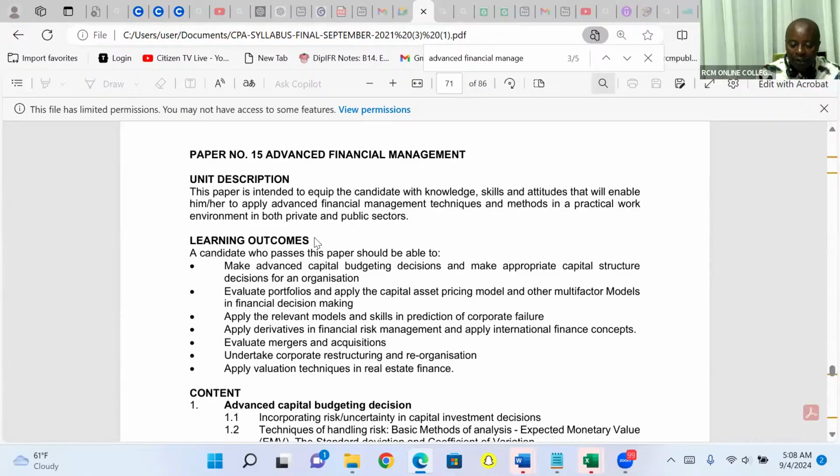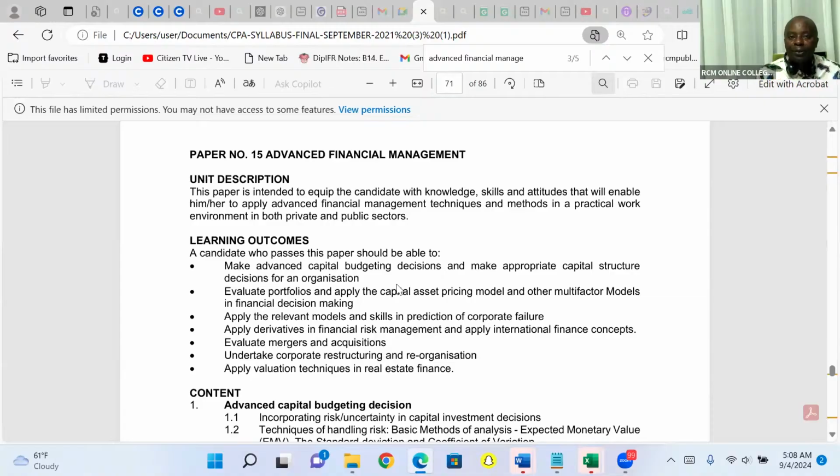Learning outcomes. A candidate who passes this paper should be able to, number 1, make advanced capital budgeting decisions and make appropriate capital structure decisions for an organization. So you talk about capital budgeting decisions.